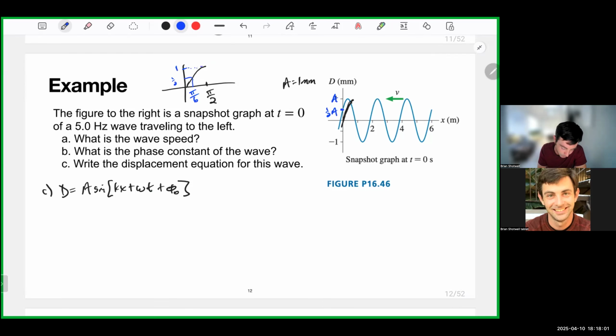So this is 1 for the sine, and you reach a value 1/2 at an angle pi over 6. What this means is that we took a sine wave and shifted it to the left by a phase equal to pi over 6. So the phase constant is pi over 6 if we chose the sine wave.